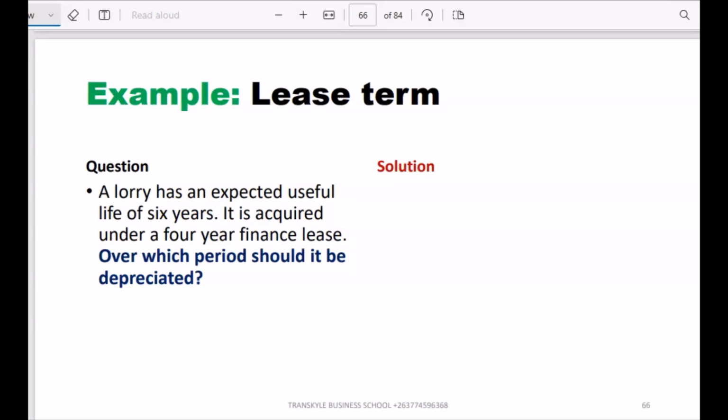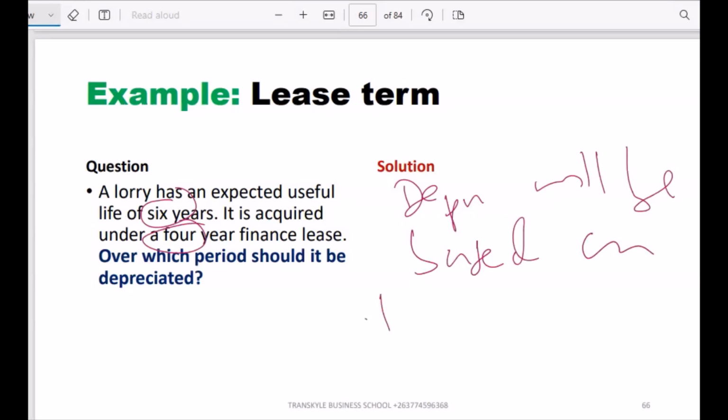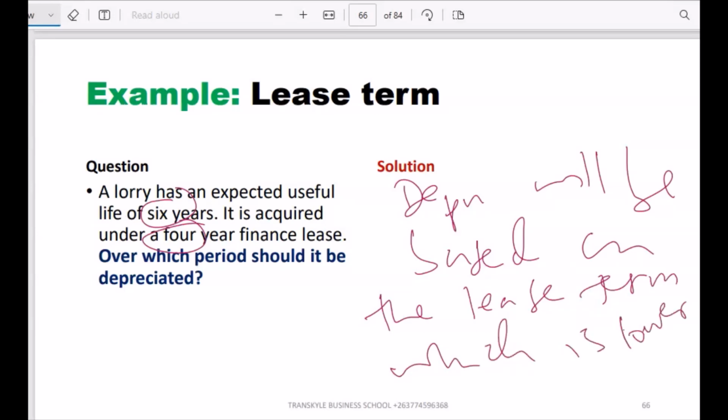In this case, the useful life is 6 years, okay, and the lease term is 4 years. So the lower period is going to be used. So depreciation will be based on the lease term, which is lower. It is the lower figure there.